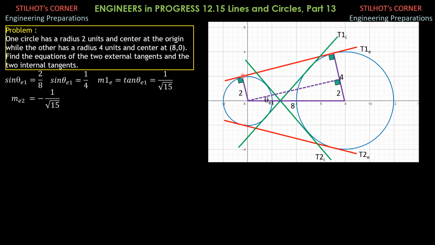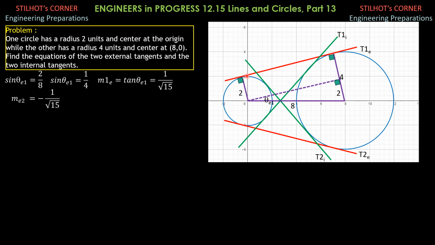So the ratio of x1, because this is also theta E1, this angle that the radius makes with the vertical line, the y-axis, is also theta E1, and that is equal to opposite over adjacent.